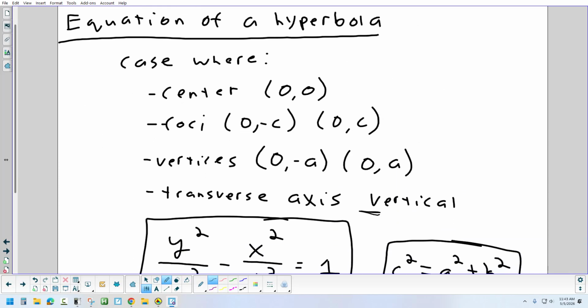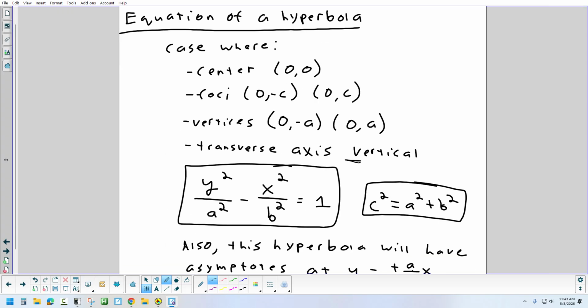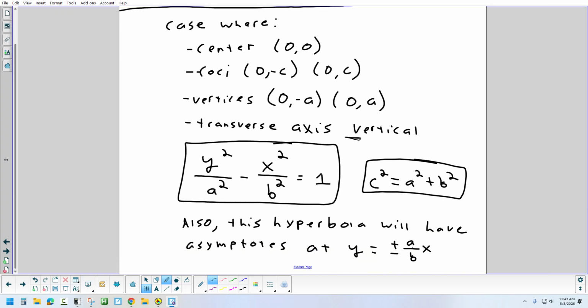Okay, so I'll give you a minute to copy that. It's the same formula. I already showed it to you, but you haven't written it down yet. Now we've made the y positive instead of the x. That means the transverse axis is going to be vertical. All your important points now are going to be above and below the center.